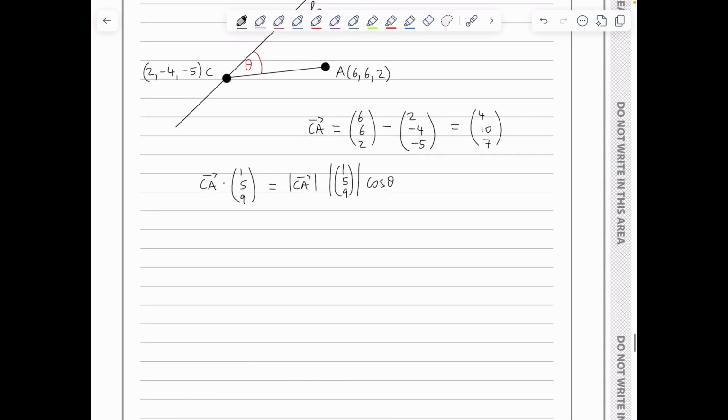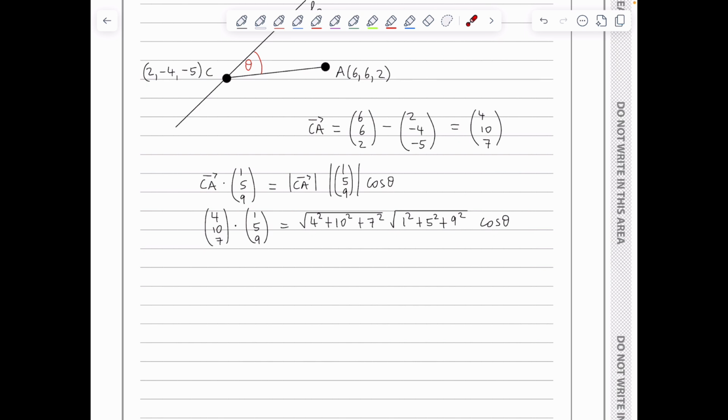So CA, (4, 10, 7), dotted with (1, 5, 9) is equal to the magnitude of CA, which is the square root of 4 squared plus 10 squared plus 7 squared, times the magnitude of (1, 5, 9), which is 1 squared plus 5 squared plus 9 squared. This is simply Pythagoras in 3D, times the cosine of theta.